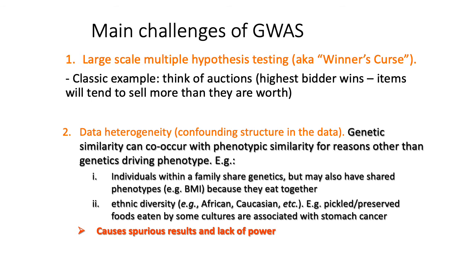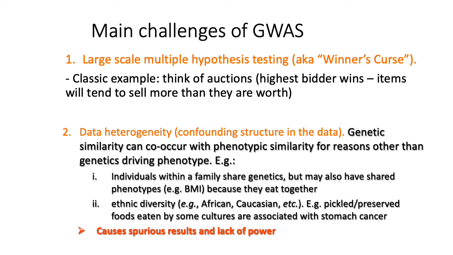Everyone writes down a number, what they think it's worth to them, submits the bid, and then the person who offered the most wins the auction and can buy the item. And so in a typical blind auction like this, what you'll notice is that even if everyone is bidding for an item at approximately the actual value of the item, right?